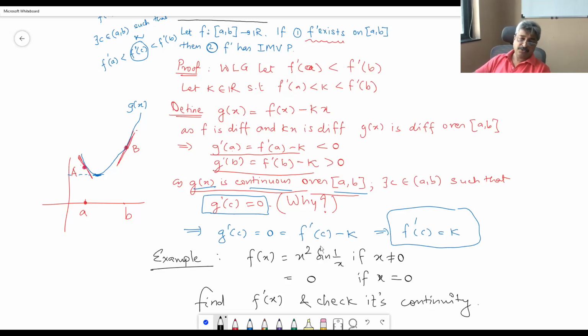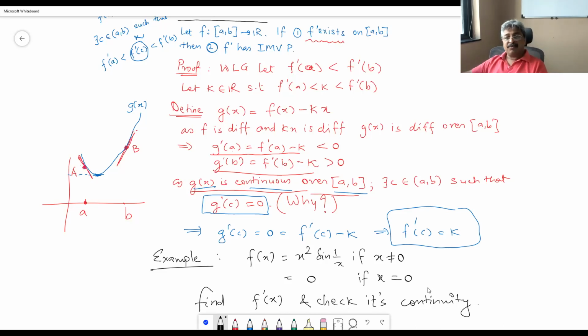You will find that f dash exists, but f dash is not continuous. Continuity of f dash you have to check.